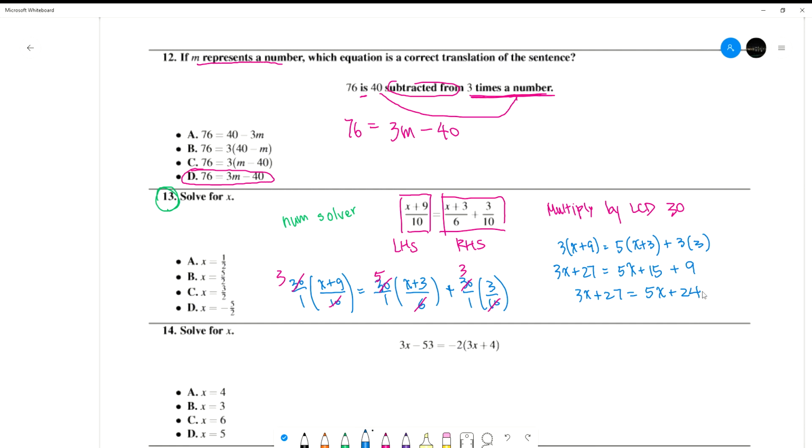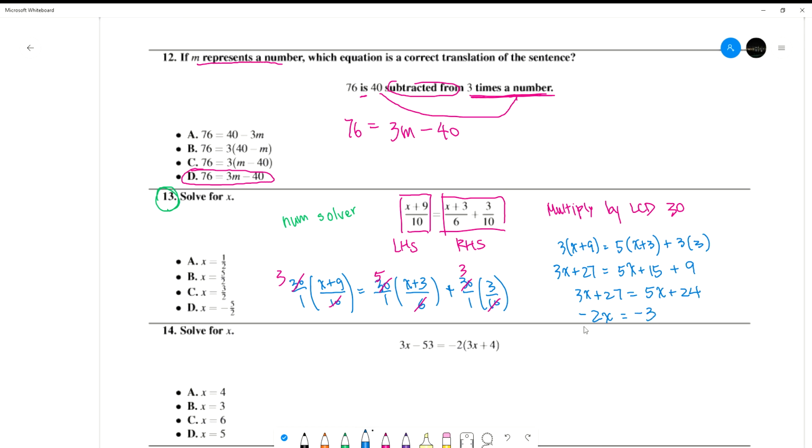So it looks like this is a one variable equation, I can solve for x, right? So make sure all the x's are on the left-hand side, non-x's are on the right-hand side. So I'm going to subtract 5x on both sides. So I get negative 2x is equal to, and then subtract 27 to both sides. 24 minus 27 is negative 3.